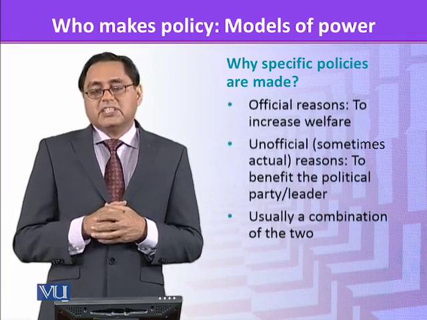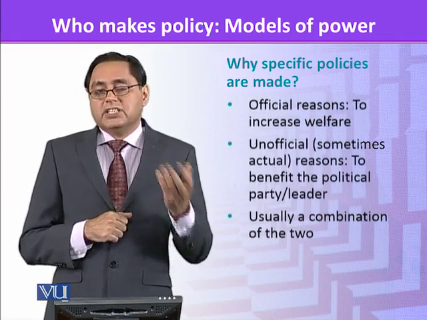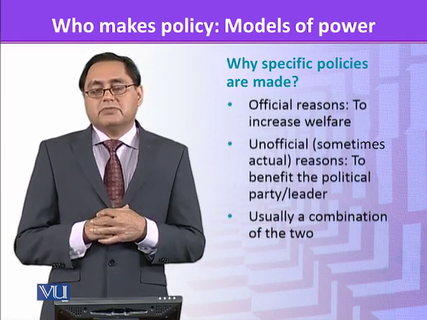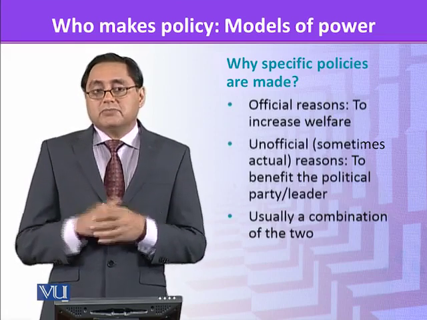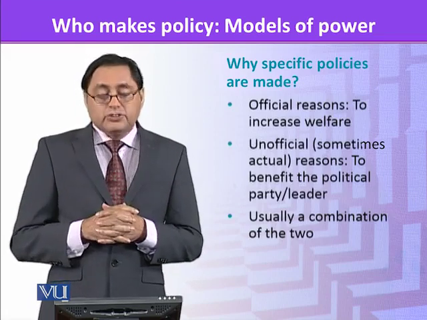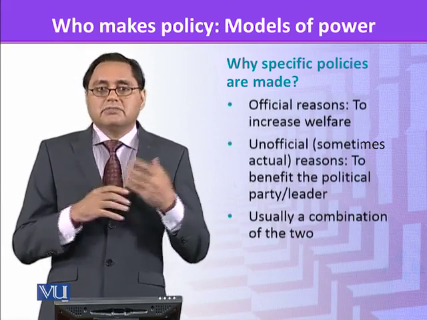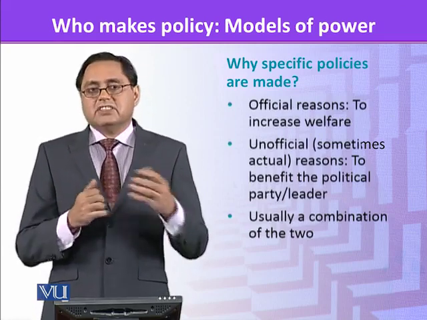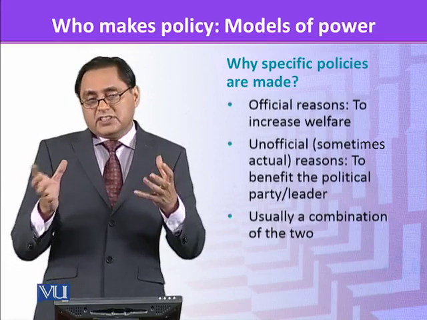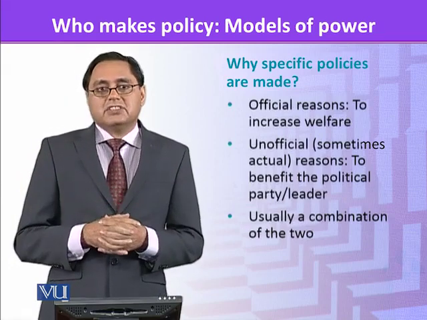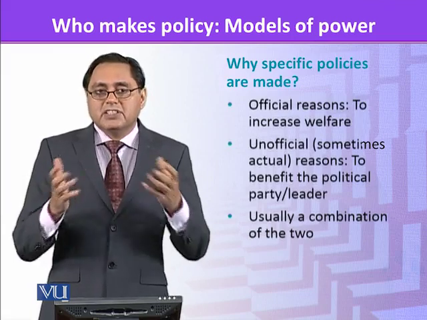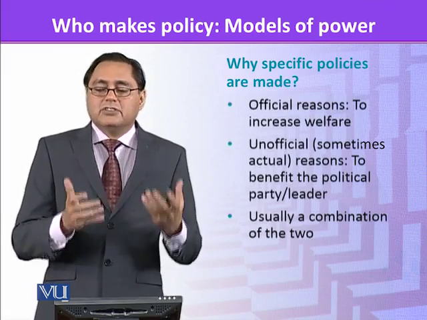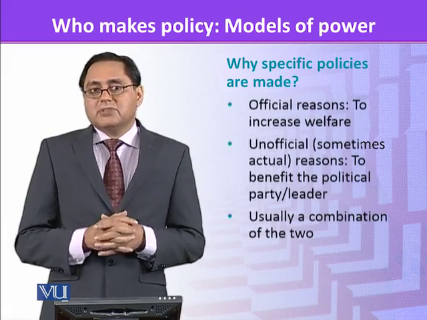For example, it can be to benefit the party leader, to benefit the party voters, to benefit some ethnic community. So usually both these reasons are there. There are the official reasons which are told to the people, publicly said, and then there are unofficial reasons which are there but never said.